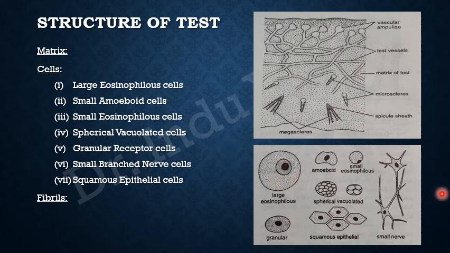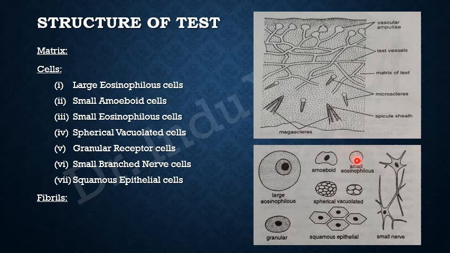Then come the small amoeboid cells. These cells are smaller than the large eosinophil cells, and their structure is amoeboid. They don't have a definite shape, and there is a clear nucleus present. Then come the small eosinophils. Why are these cells called eosinophils? Because when they are stained, they take up the red eosin stain very well, and so they become red, and hence are known as eosinophils. The third type of cells are small eosinophil cells.